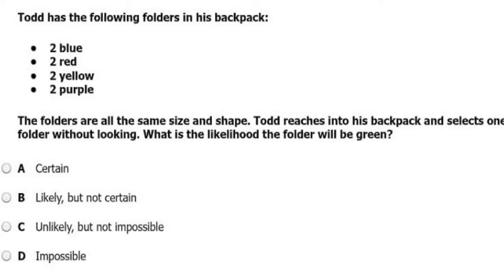Todd reaches into his backpack and selects one folder without looking. What is the likelihood the folder will be green? Would it be certain? Likely but not certain? Unlikely but not impossible? Or impossible?